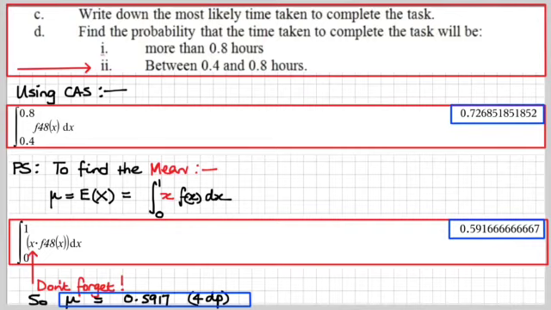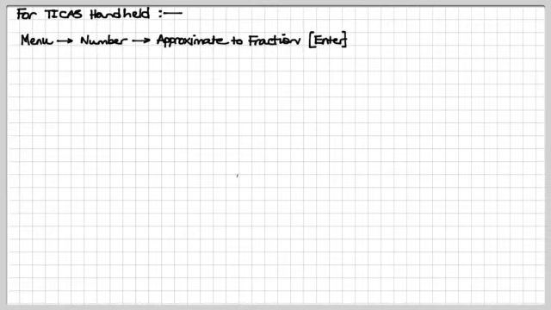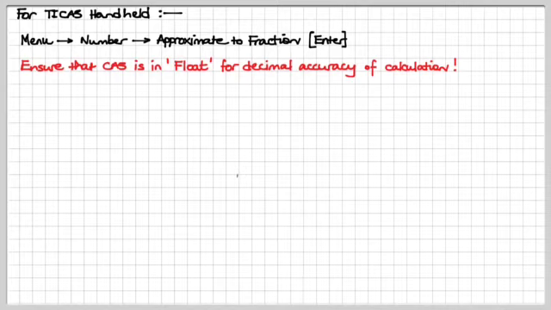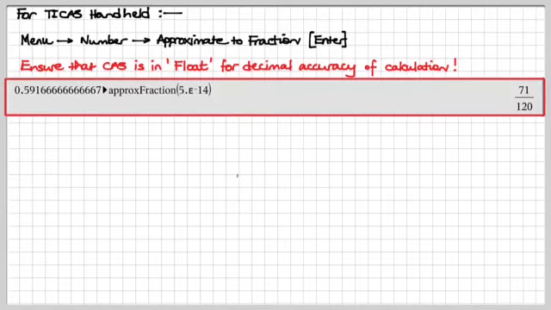Now, if you want to get an exact value, just in case you do need to get an exact value, I tried a few different techniques and it wasn't working. So I pulled a rabbit out of a hat, and I basically found this for you, which I already kind of knew about. You go to the menu, this is in the TI CAS handheld, you go to the menu, then you go number, then you go approximate to fraction, then you hit enter. But you make sure firstly that your calculation accuracy setting is in just float, not float 2 or 4 or 5 or 6, just float, to get the maximum decimal accuracy you possibly can for your approximate version.